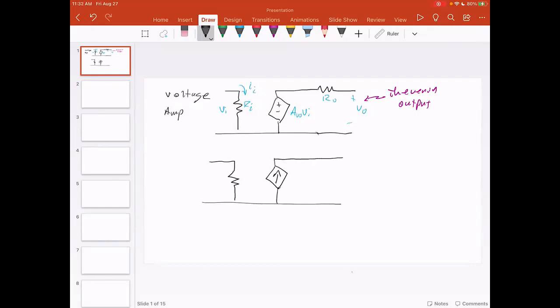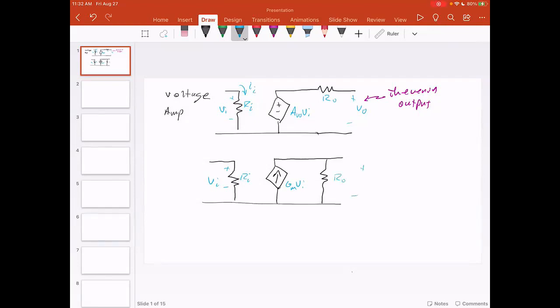Now this R_0 resistance would be in parallel with the output source. We still have V_I and R_I. And now we have some factor, a transconductance, which multiplies the input voltage to produce a current. So a transconductance has units of amps per volt.